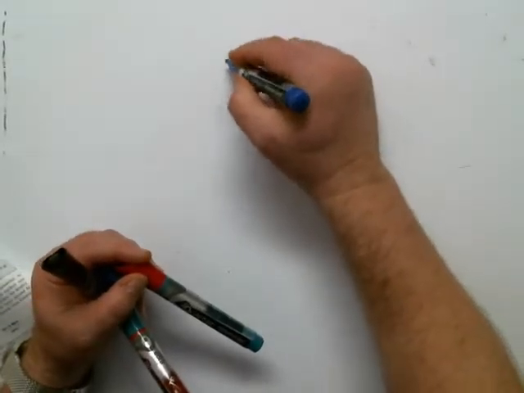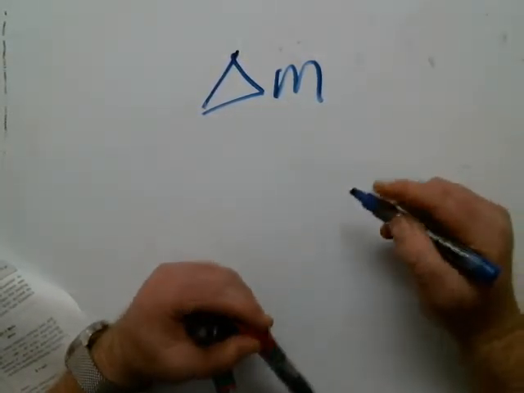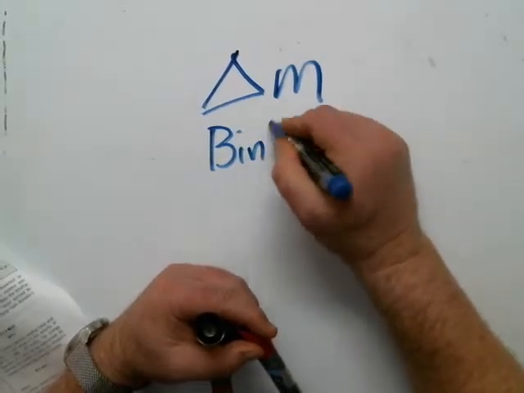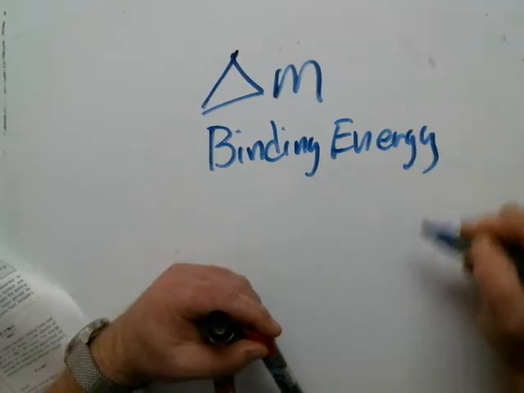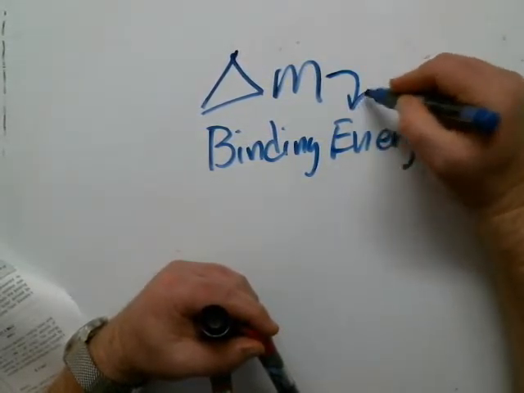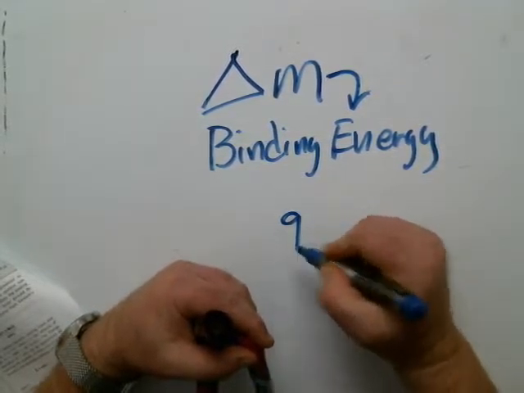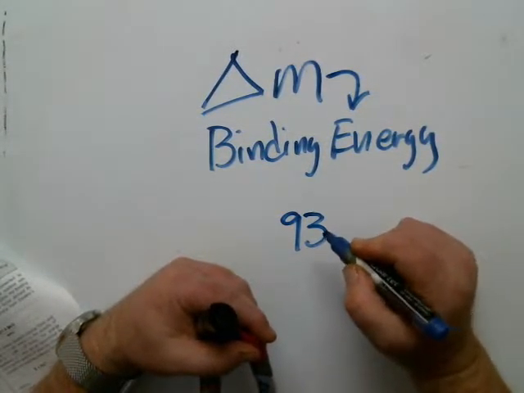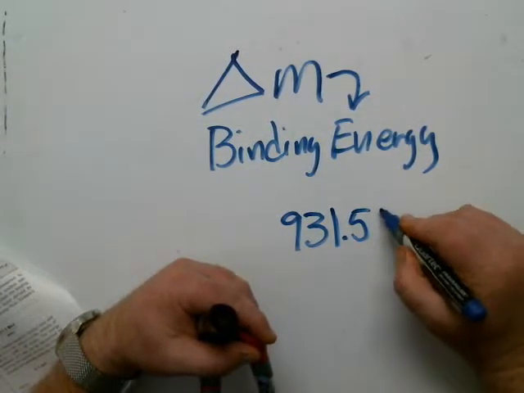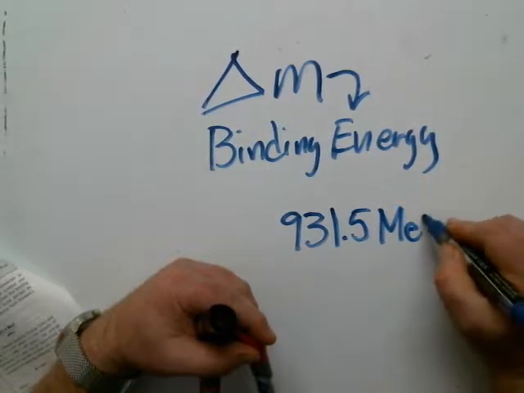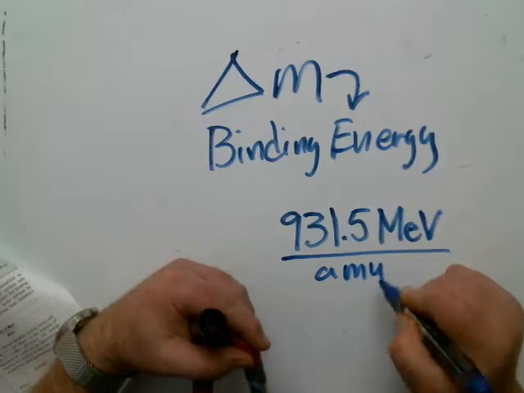If you determine the mass defect of an interaction and you want to know the binding energy of that interaction, I know that some mass got converted to binding energy when I created the atom. Here we are. This is a great number we get from a really old smart guy named Einstein: 931.5 mega electron volts per atomic mass unit.